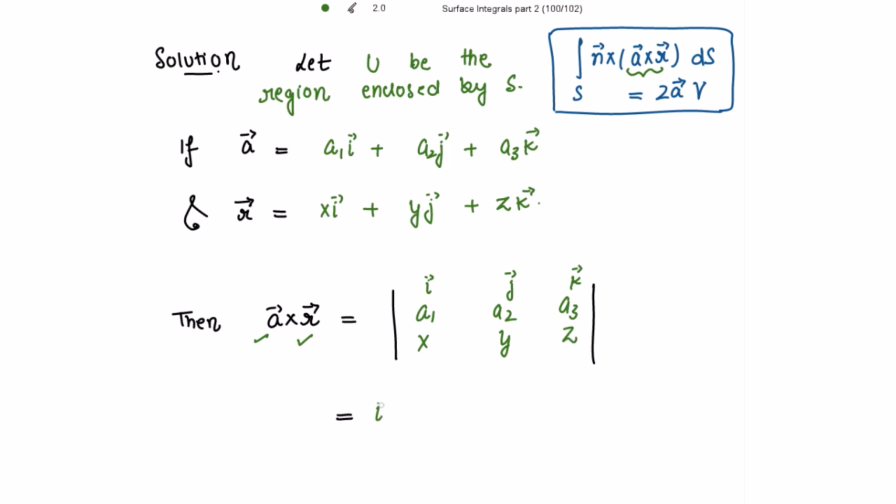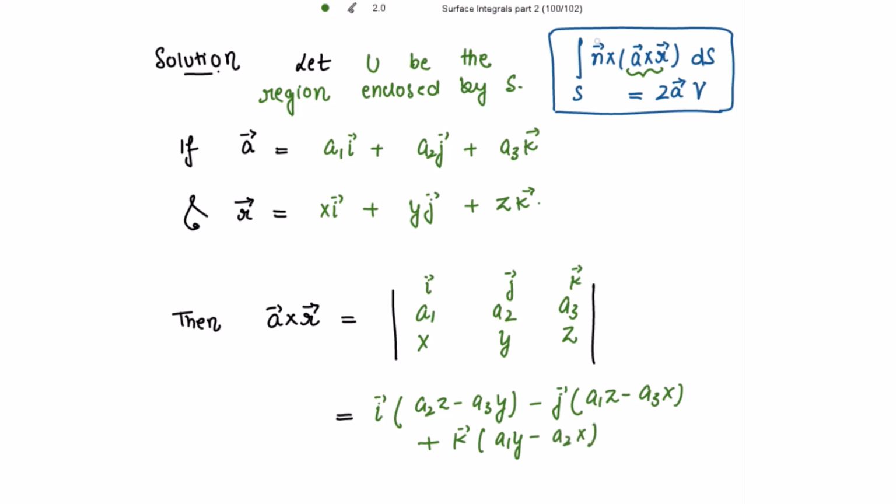Evaluating this, we get i vector into a2z minus a3y, minus j vector into a1z minus a3x, plus k vector into a1y minus a2x.